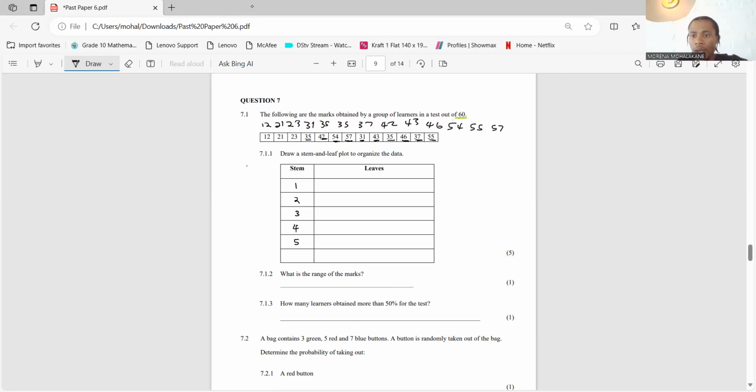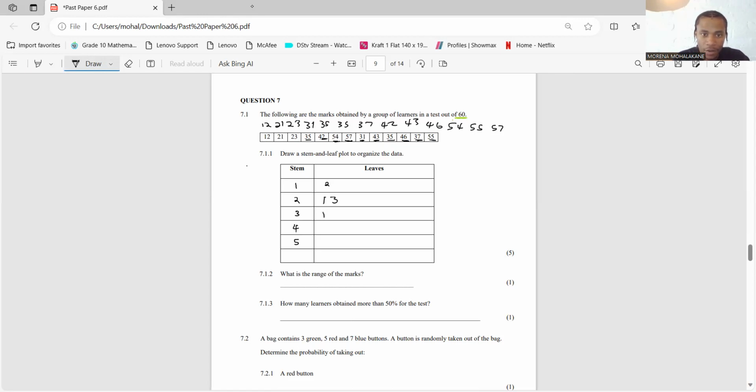Now I can start plotting them on the leaves. So you have 2 for 12, then for 20 you have 21, 23.